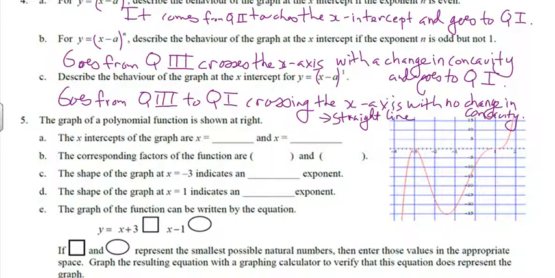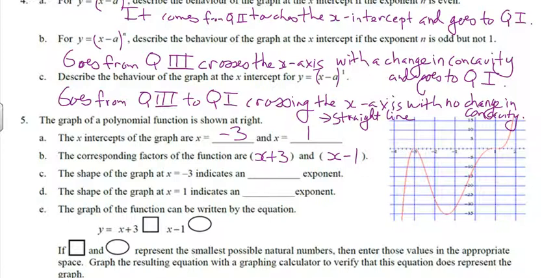The graph of a polynomial function is shown at right. The x-intercepts of the graph are x equals negative 3 and x equals 1. The corresponding factors of the function are x plus 3 and x minus 1.